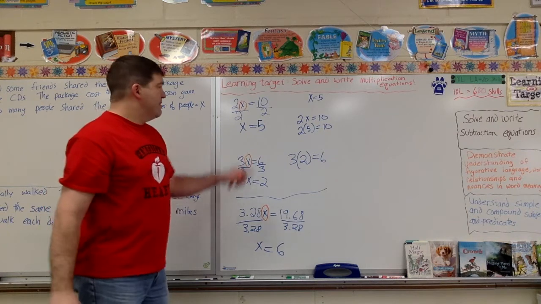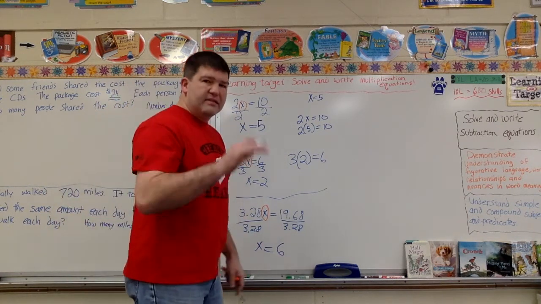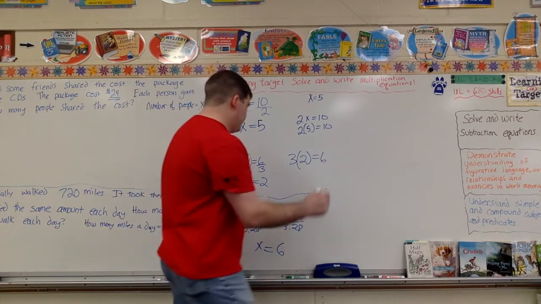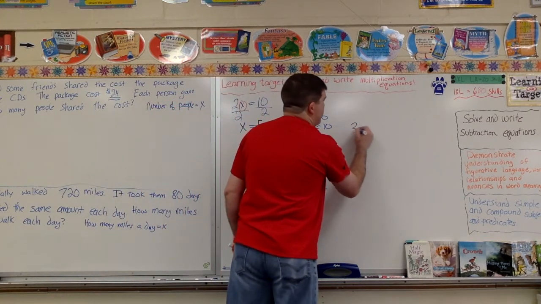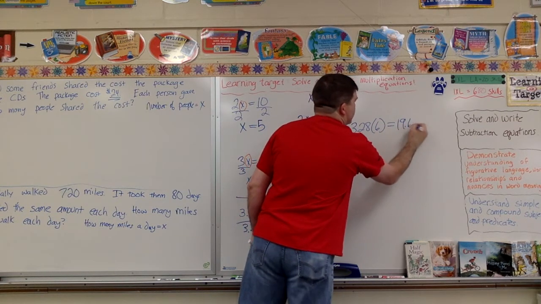Now with these I can just do in my head to check. This one I need to write out just to make sure. 3.28 times 6 equals 19.68.